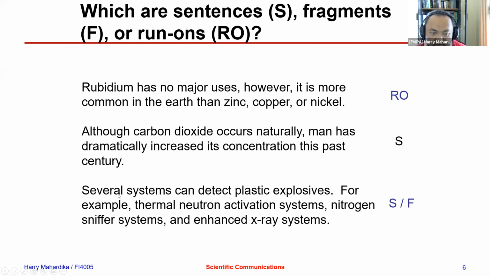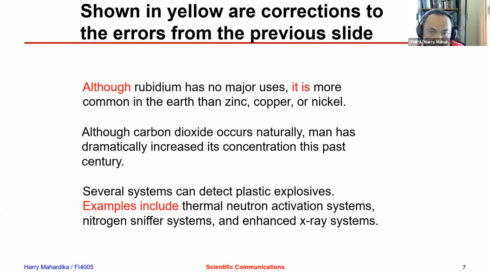So, for example, several systems, and then we can use parentheses, thermoneutron activation system, nitrogen sniffer system, and enhanced X-ray system can detect plastic explosive, or we can replace the order: plastic explosive is detectable using several systems, or any approaches that is still suitable to make this sentence and fragment combination a little bit more logical. So here is the alternative.